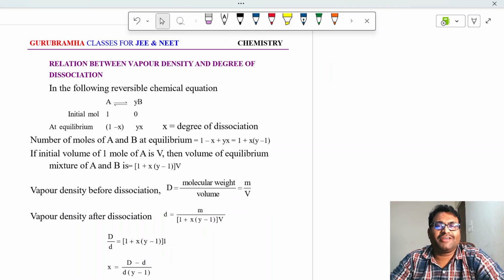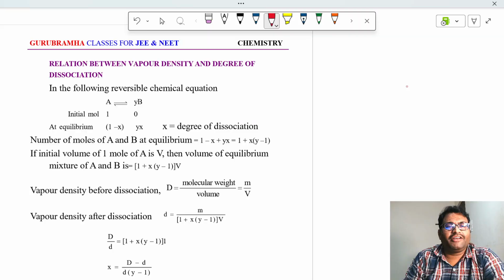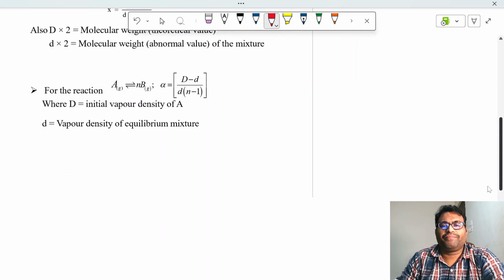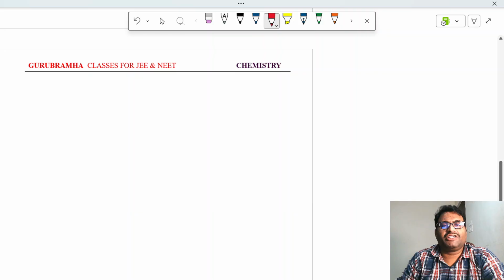We are in the chapter Chemical Equilibrium, and in this session we are going to learn about the relation between vapor density and degree of dissociation. Generally this is applicable for reactions in which reactants and products are in gaseous state.